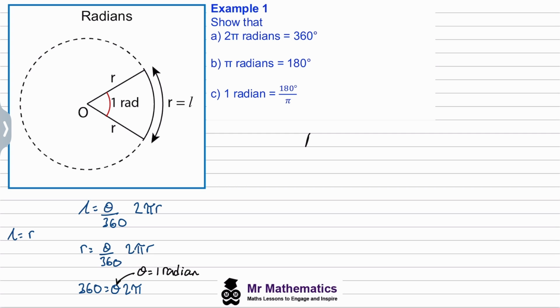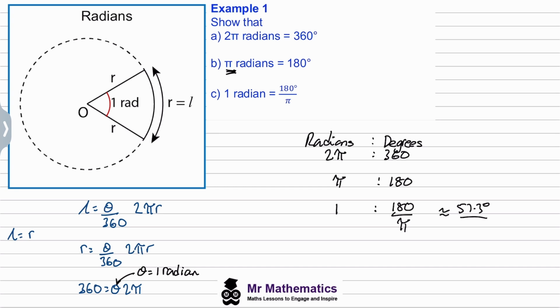So if we have our ratio of radians to degrees, and we know 2 pi radians is 360 degrees, then 1 pi radian, dividing both sides by 2, will be 180 degrees. And for 1 radian, we'll divide both sides by pi, so this will be 180 divided by pi. So this is approximately 57.3 degrees, okay?